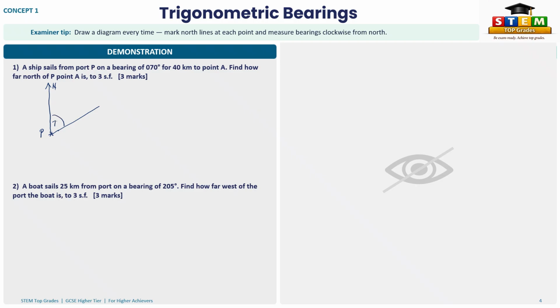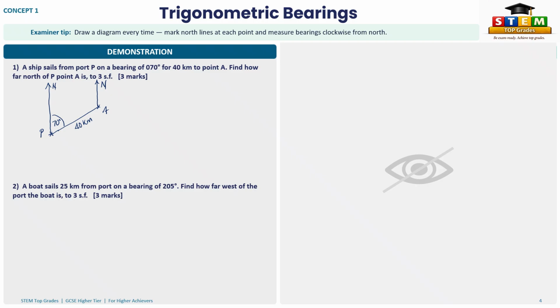Let's say that is our 70-degree angle, and that reaches A. At A, we're going to draw another north line. And that point A is 40 kilometers from P. And the question says you're going to find a distance from P going north.